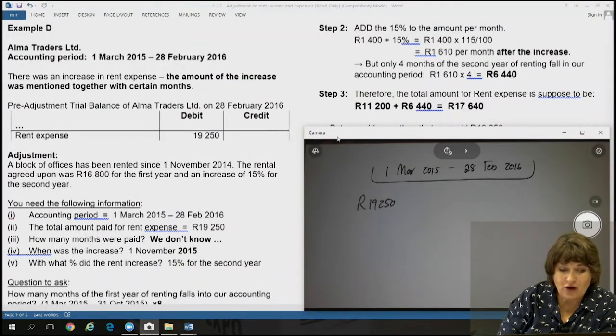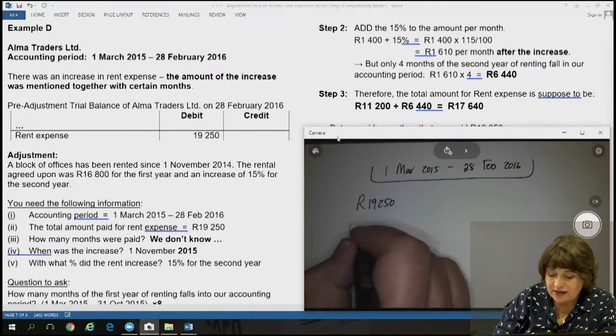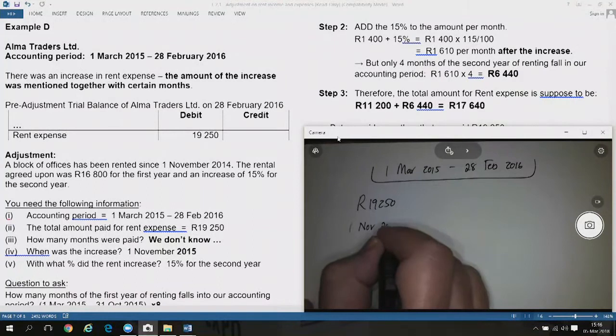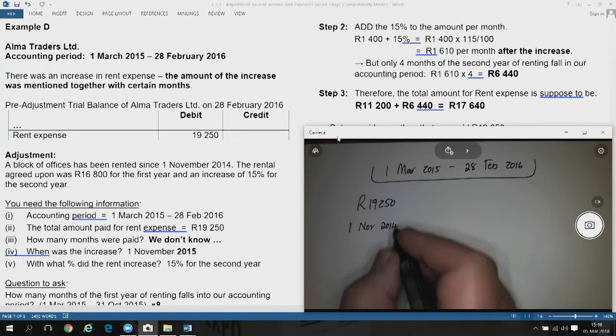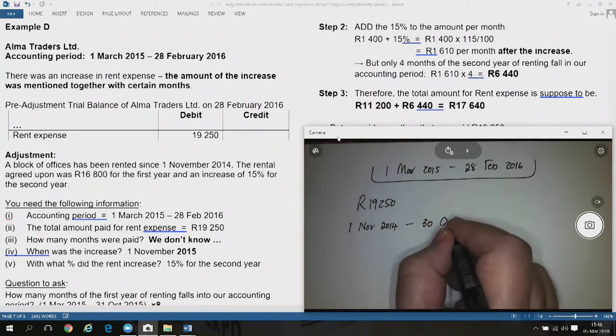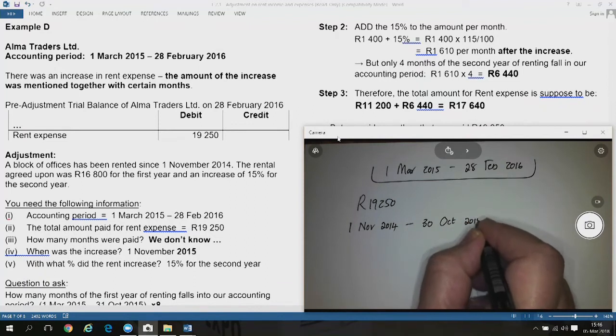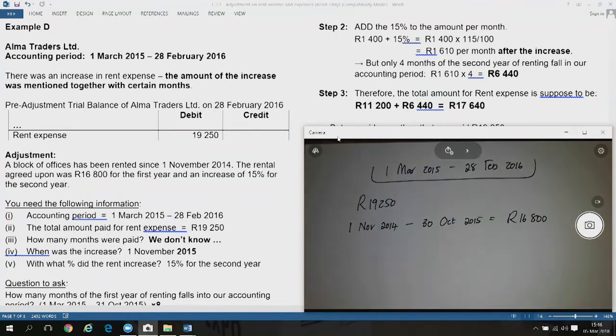A block of offices has been rented since the 1st of November 2014. The 1st of November 2014 is not in our accounting period. The rental agreed upon was 16,800 for the first year. So it means until the 30th of October 2015, the rent is 16,800.